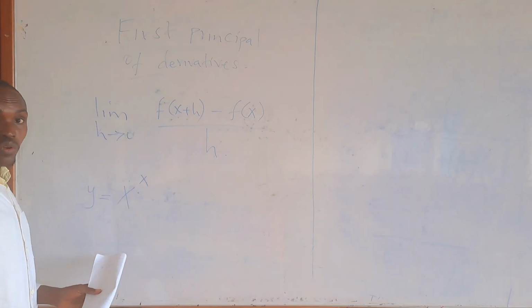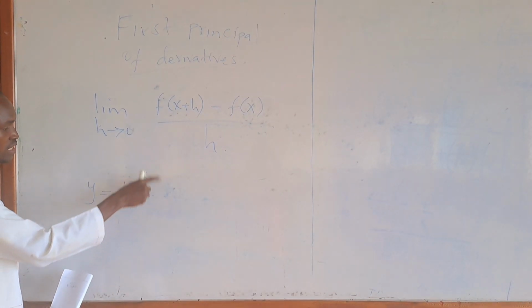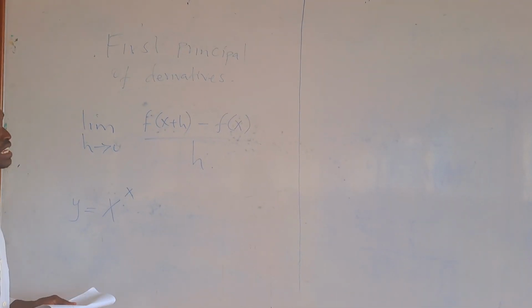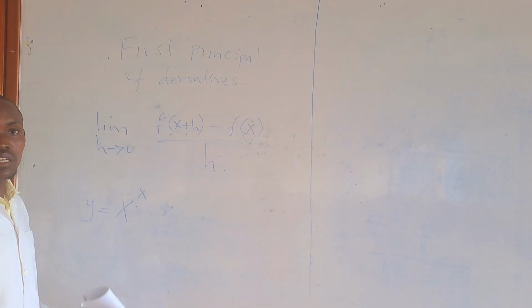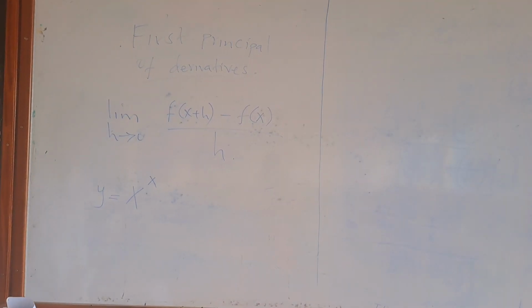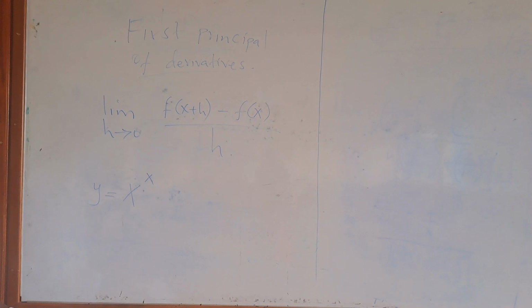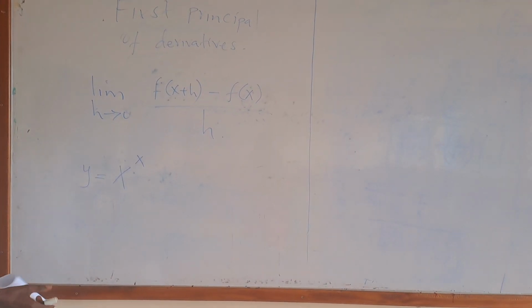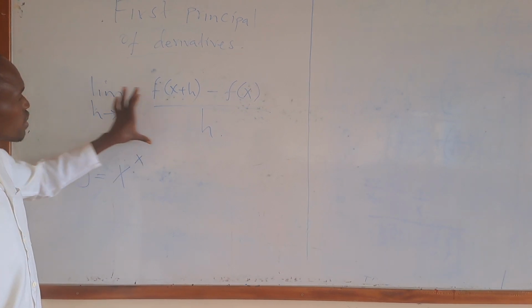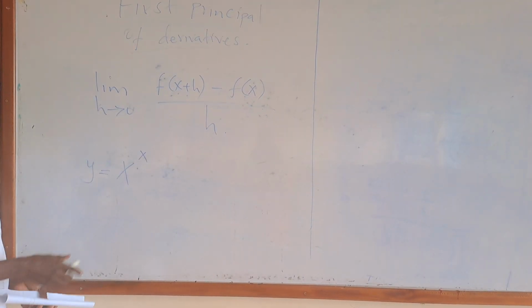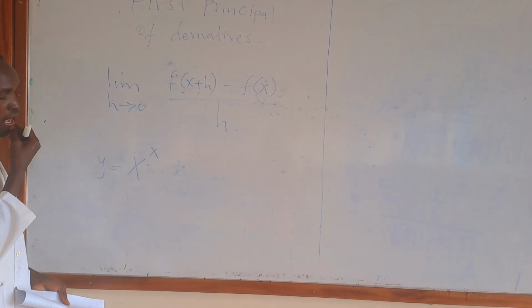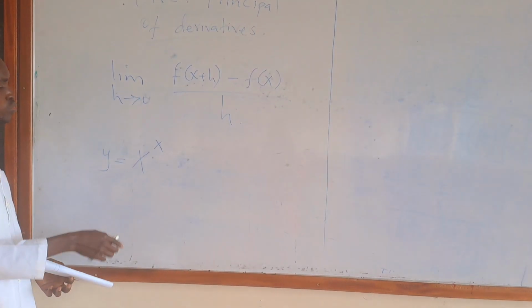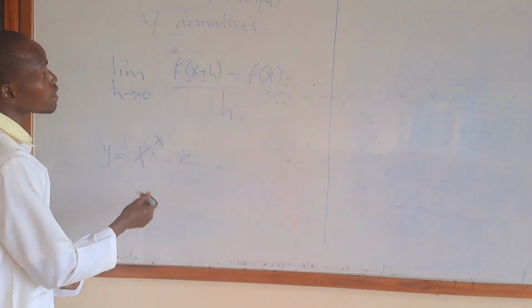It is very simple to obtain the derivative of this using power, but that one will not earn you all the marks that are required. What do we do? In this section, we're going to apply the first principle of derivatives, or we're going to use the definition of limits to differentiate our function, y is equal to x raised to power x.